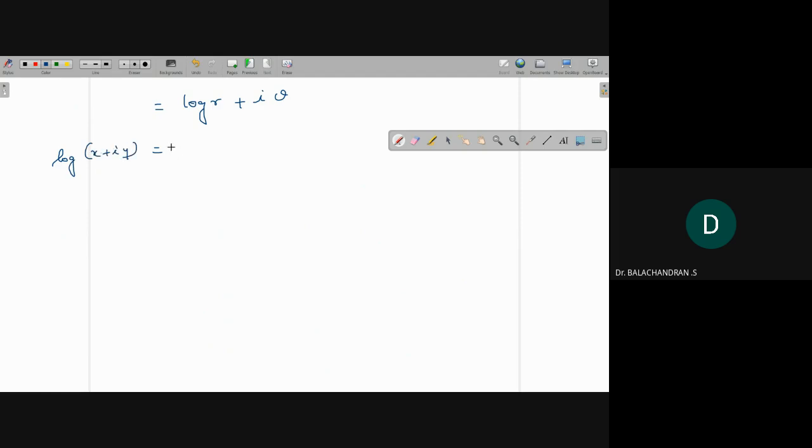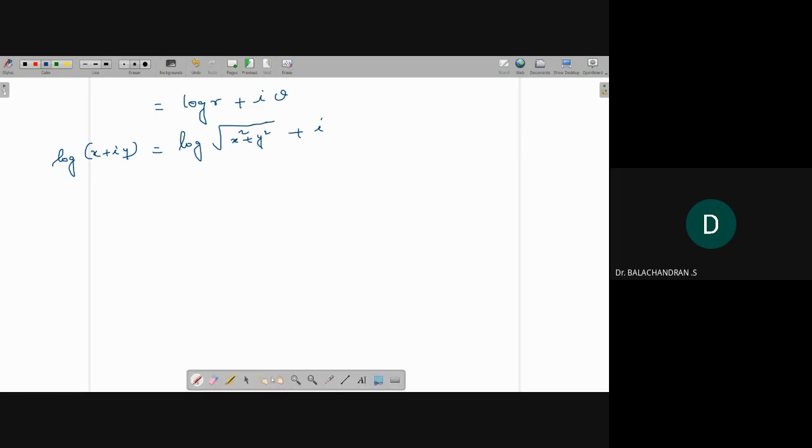This is log of root of x square plus y square plus i into tan inverse of y by x. Theta is tan inverse of y by x. So this is a result.